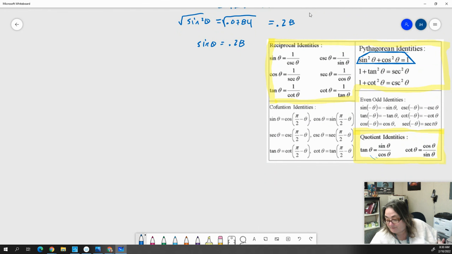What if we let theta be an acute angle, right? I like the acute angles because it keeps everything between 0 and 90 degrees, right?